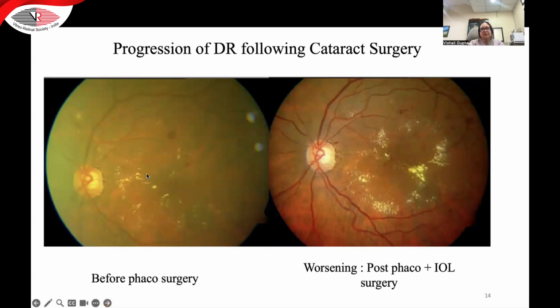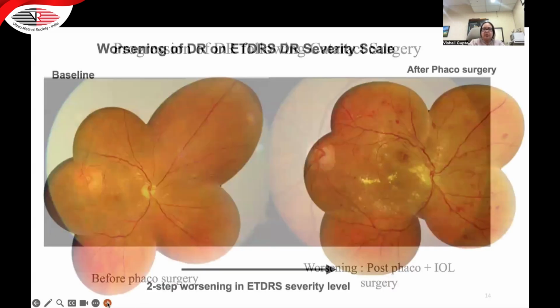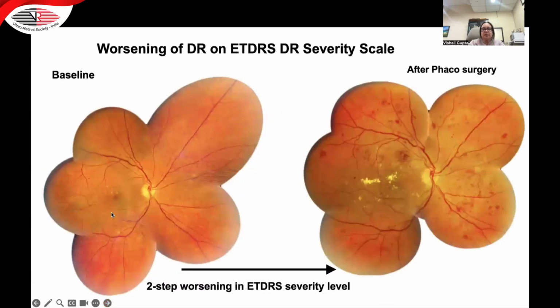Now, this is an example of a patient. You can see this photo is before surgery. After surgery, which is uncomplicated, there is worsening of macular edema. Not only the macular edema, the proliferative and non-proliferative components themselves can also worsen.